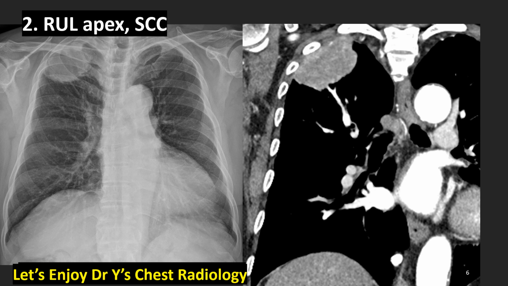Coronal contrast enhanced CT shows 6 cm mass of T3 staging and diffuse broad involvement of pleura, pleural invasion, staging of T2. So this case shows T3 staging of right upper lobe lung cancer, squamous cell carcinoma.